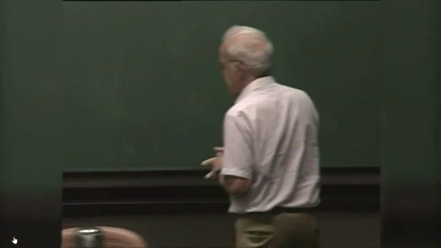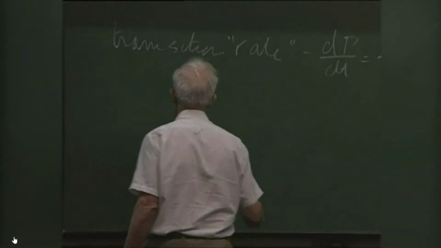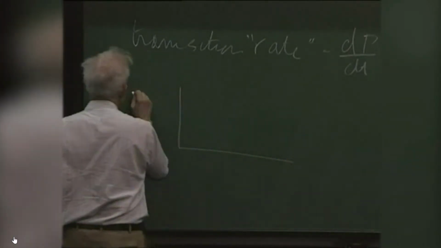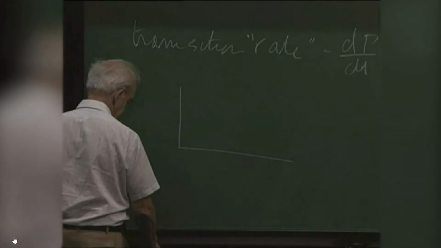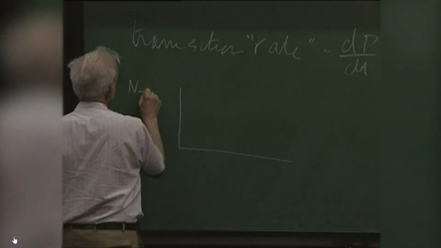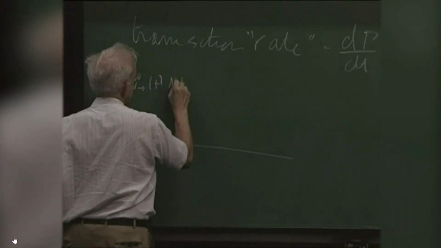If I look at the population, say, of the +1/2 state as a function of time, according to this, here we have the n in the plus state as a function of time. Say it starts off at n0 over here.